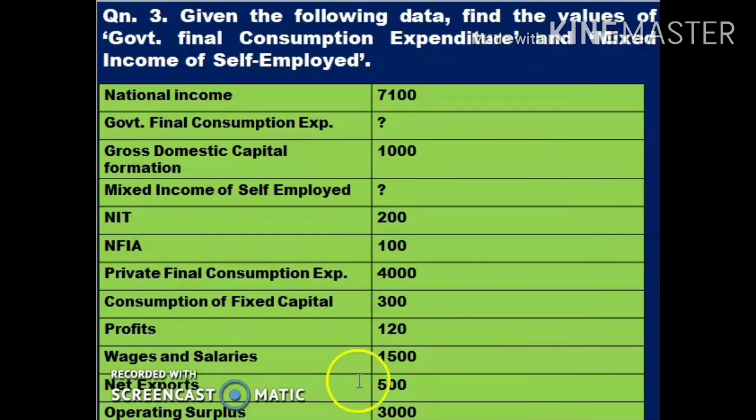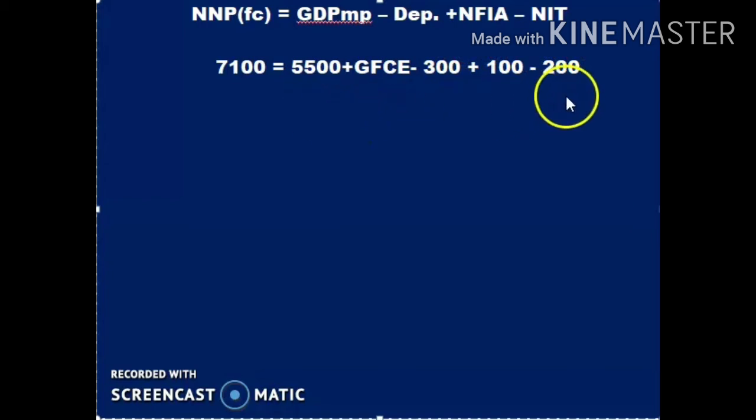NIT is given as 200. You have to substitute the values from the question and do the further steps to solve. So you will be getting 7100 equal to this, adding as per the BODMAS rule.